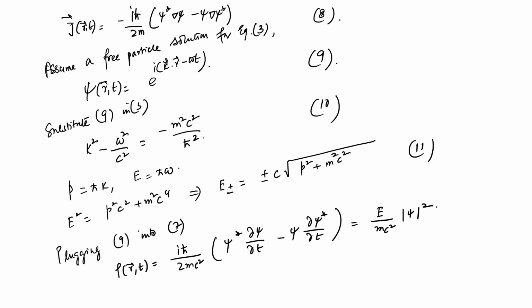But negative probability density defeats the traditional wisdom. It does not make sense to say that at a given region of space the probability of finding the particle is negative. Okay.